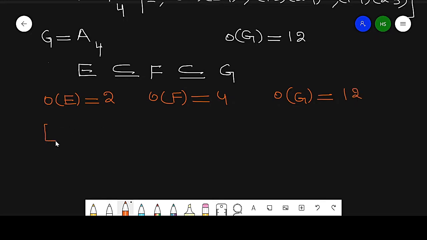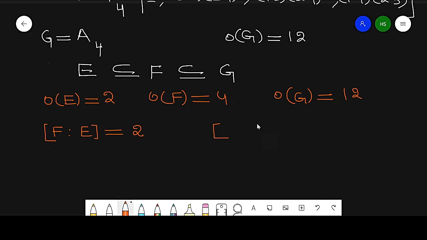Now the index of E in F is the order of F divided by the order of E, so this is 2. So it means E is normal in F.